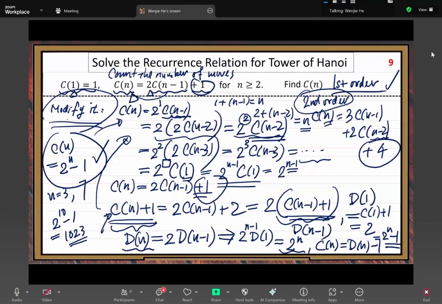Then after you find the solution for the simplified version, you need to go back to the original version, but you need to fix that gap part. You need to do some work fixing the gap. Then you find the final solution. So that's the main point.